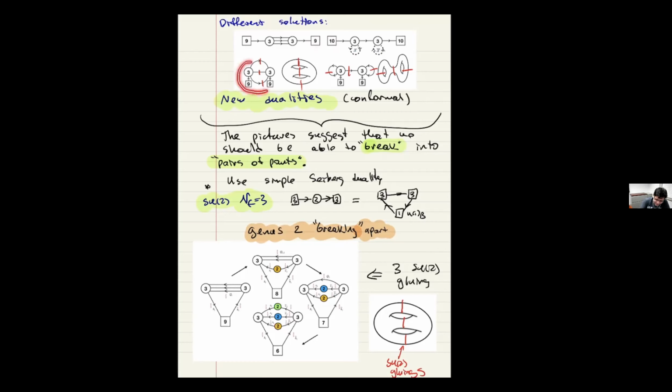And actually, there is a nice interpretation of this duality. Look, you can think of this way of writing a quiver as associated to this pair of pants decomposition of the Riemann surface, where this one is this pair of pants decomposition. And the point is that we are used to having a bifundamental starting from a gauge node and ending on the same gauge node, producing an adjoint plus a singlet.